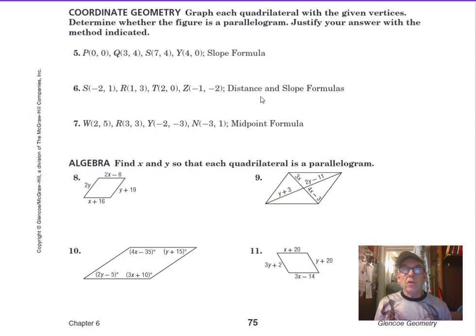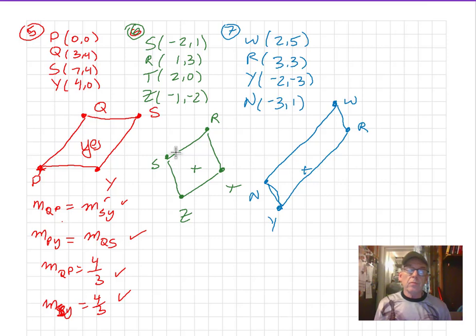For number 6, use the distance and the slope formulas. So let's look at number 6. What we want to do with distance and slope is see if RT and SZ have the same slope. So is the slope of RT equal to the slope of SZ?